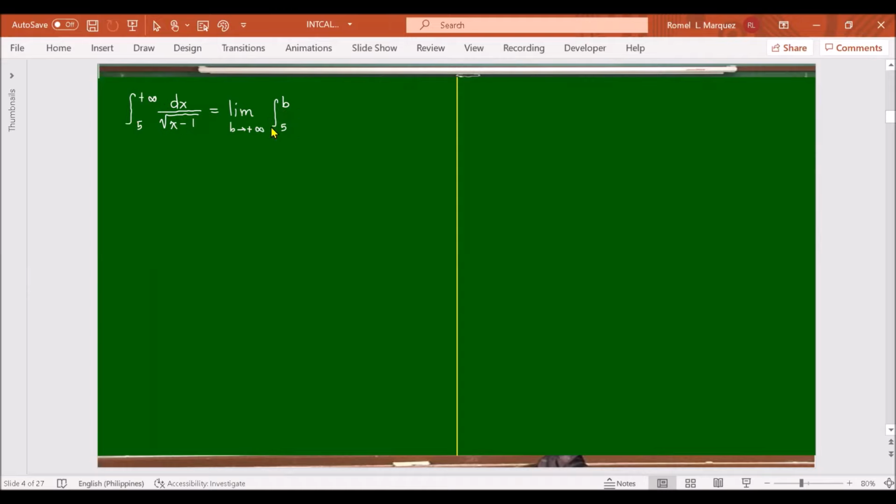When we bring this radical up, we have (x minus 1) raised to negative 1/2, then dx. So we will be able to evaluate this integral by the general power formula, no?